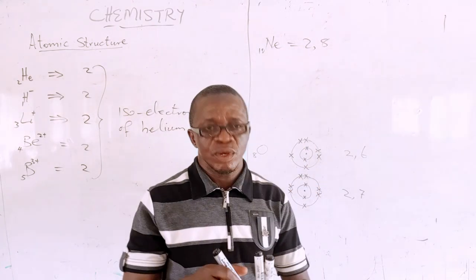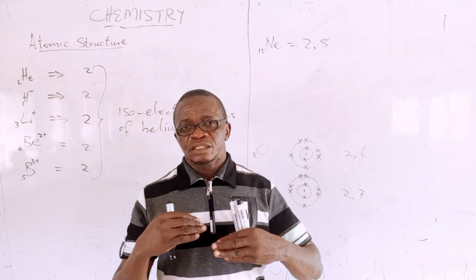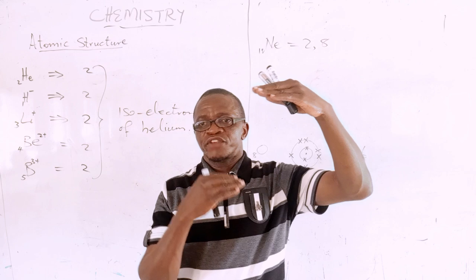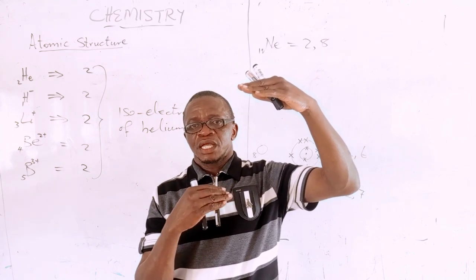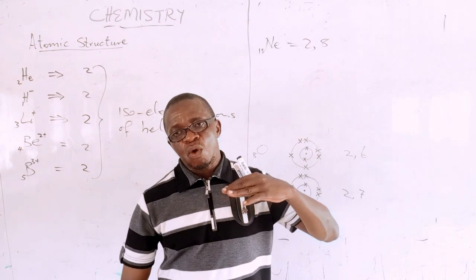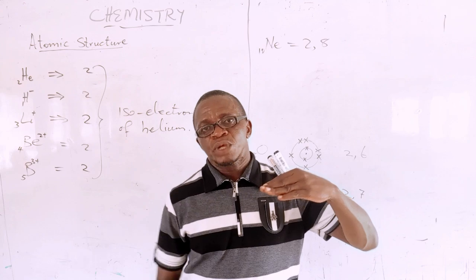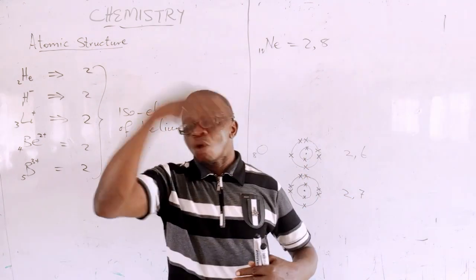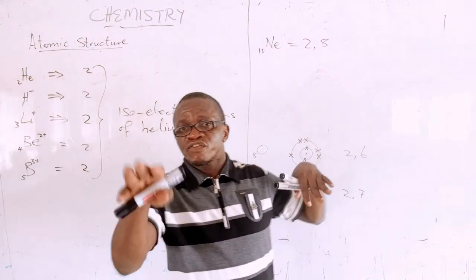When you are looking for isoelectronic ions of a substance, look forward 2 to 3 elements above it in the first 20 elements, and then 2 to 3 elements below. Those below will borrow the number of electrons that will make them the same as neon here, and those above will give out the number that will make them fall down to neon, like fluorine.